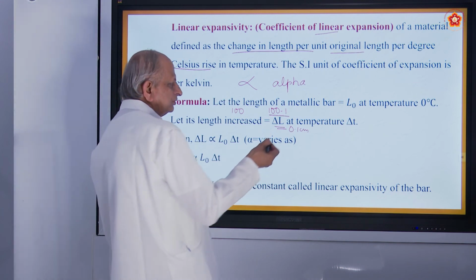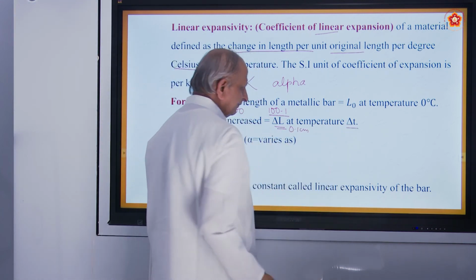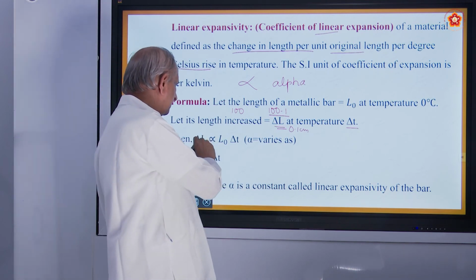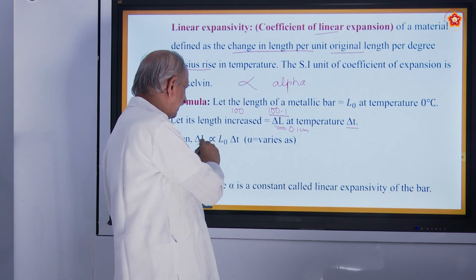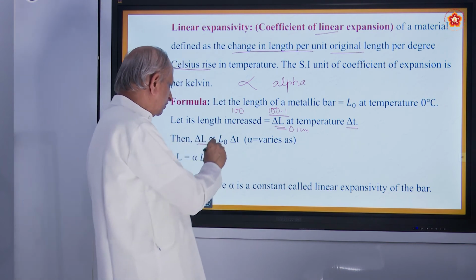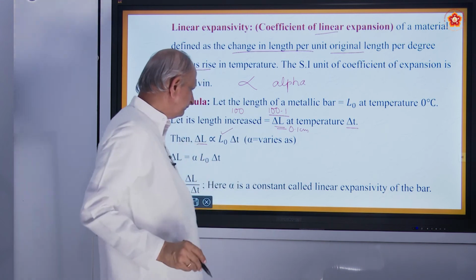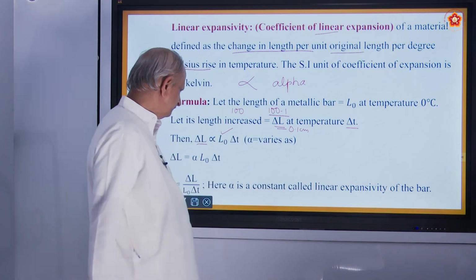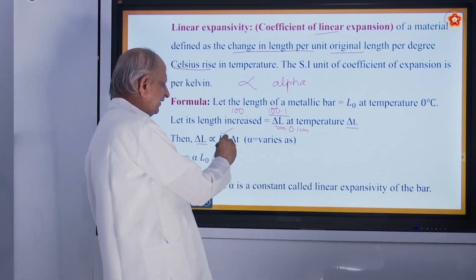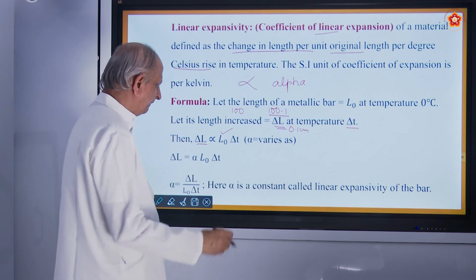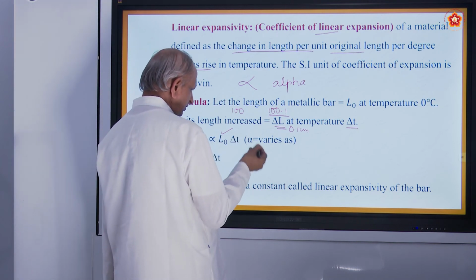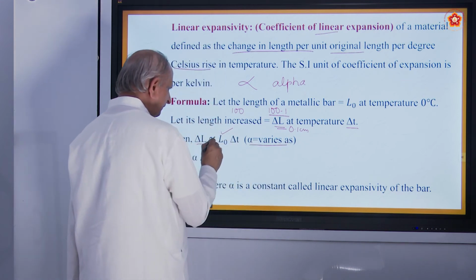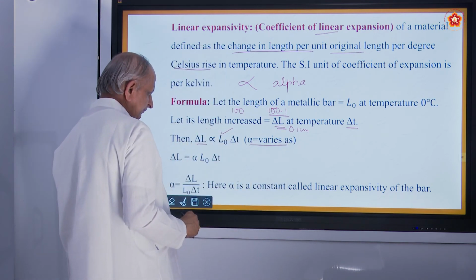So delta T for a rise in temperature. Here delta L, the increase in length, is proportional to the original length L0 into delta T. So delta T means rise in temperature. Suppose the temperature is 0 to start with, it increases. This symbol stands for varies as.